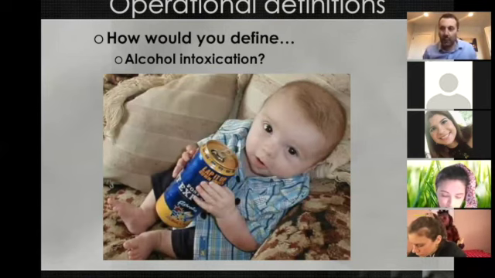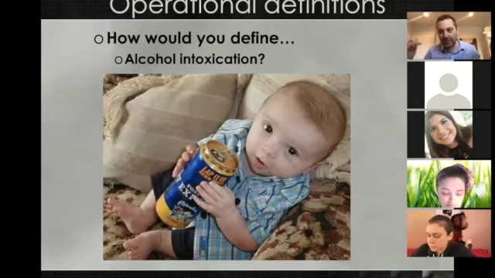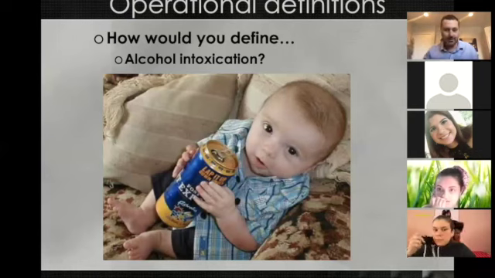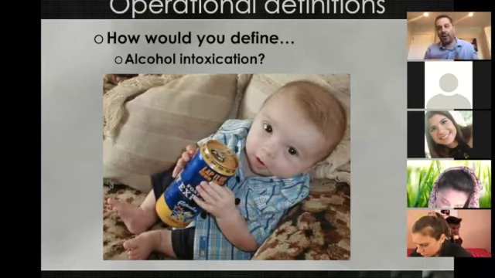But you're not limited to only using blood alcohol content. You could define it in other ways as well. You could say something like if your reaction time, your physical reaction time slows to only 90% of what it normally is, then we could call that intoxicated. Or we could define it by saying if you slur 5% of your words or more, then we're going to call that intoxicated.